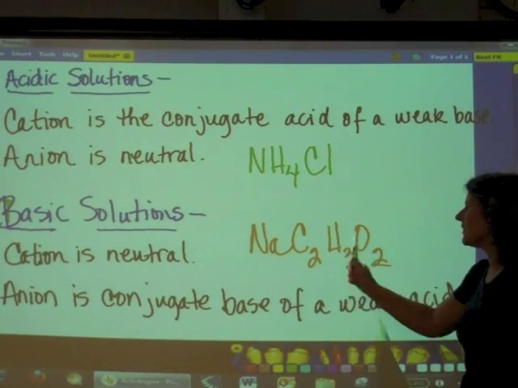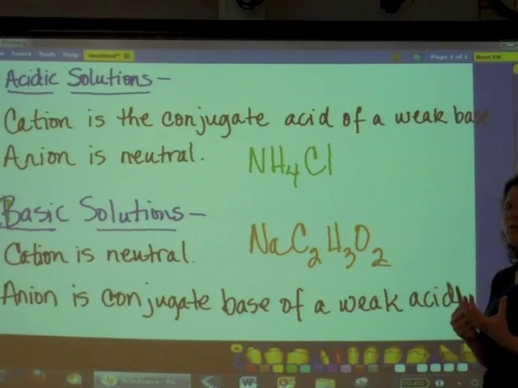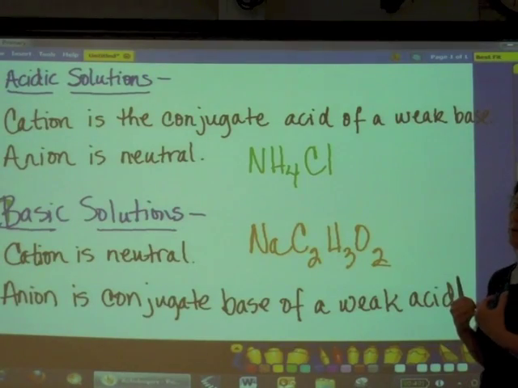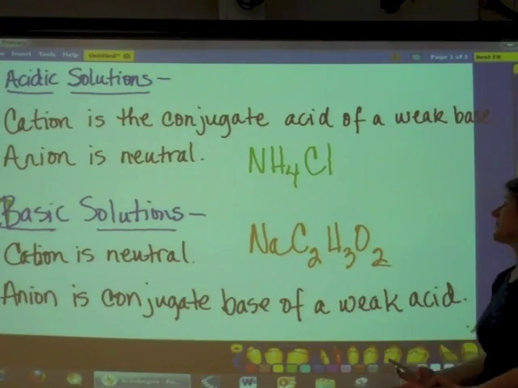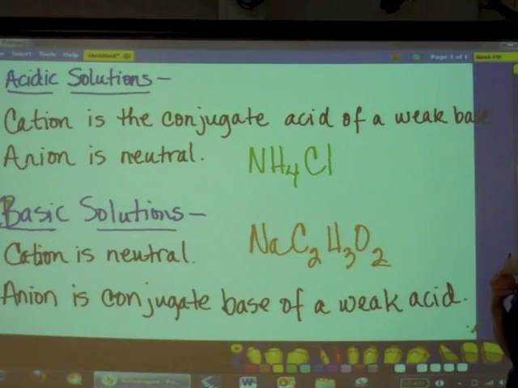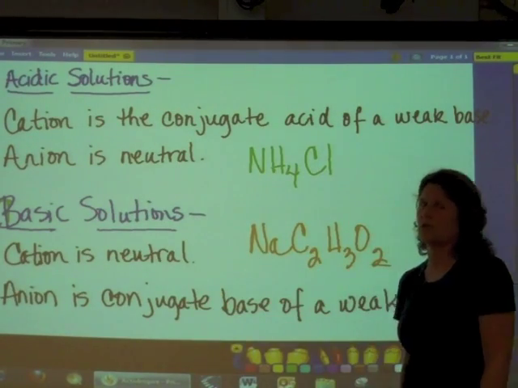And so this ion, acetate, now has the ability to do what? It has the ability to accept a proton, accept a hydrogen ion from water. So it takes a proton from water, leaving hydroxide in solution, making the solution basic.